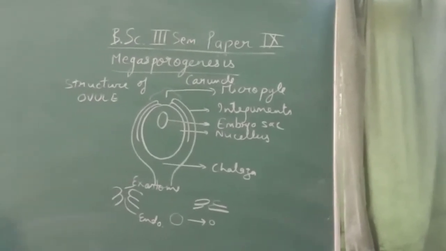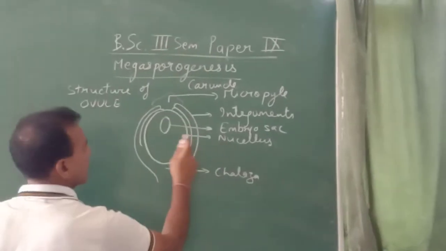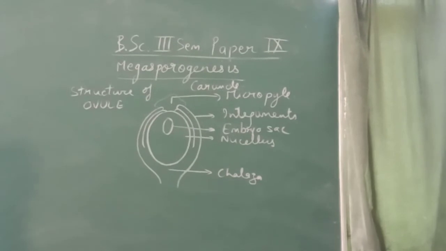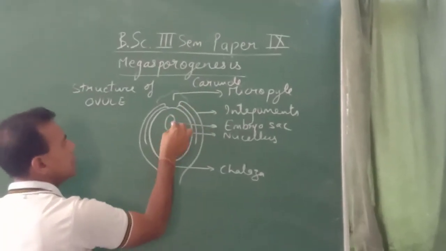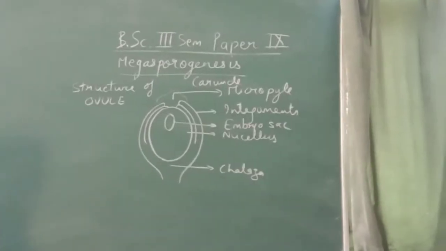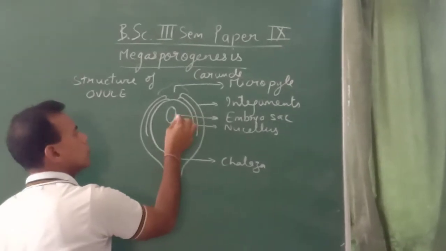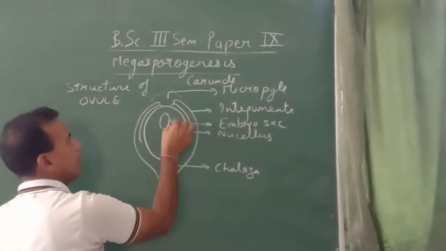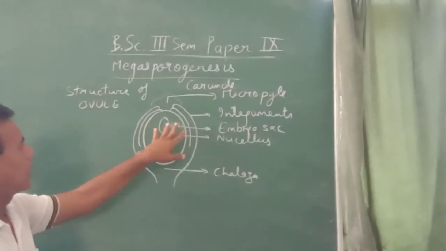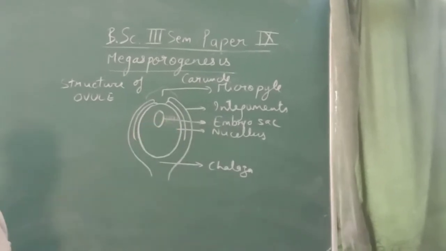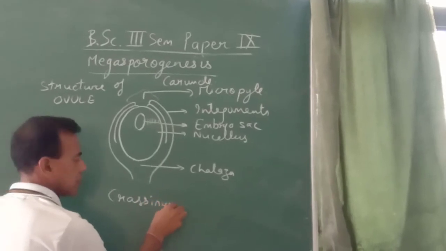Now, coming to the third most important part of the ovule, which is known as nucellus. Nucellus is a parenchymatous tissue which is present between the integuments and the embryo sac. Now, it is of two types. If the tissue between the embryo sac and integument is of greater length, greater thickness, then we call it a crassinucellate structure, meaning thick.